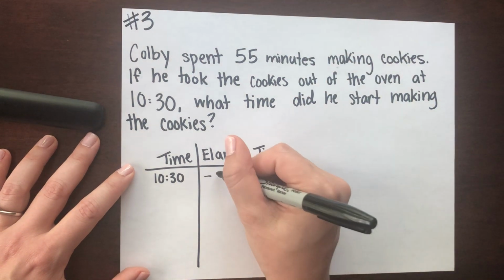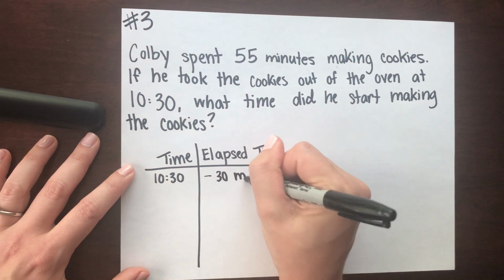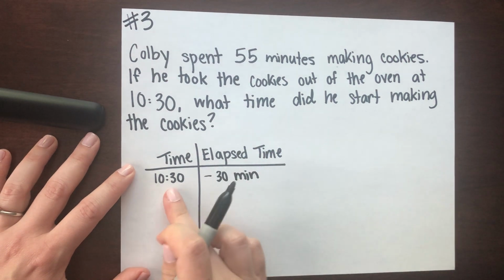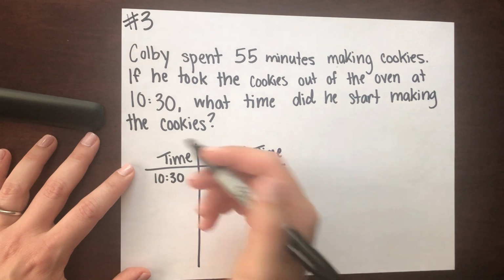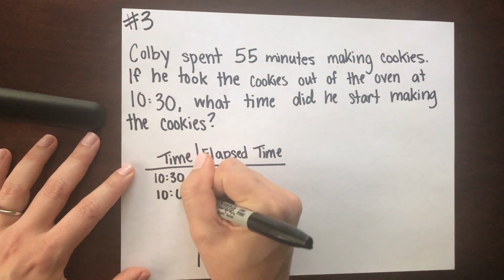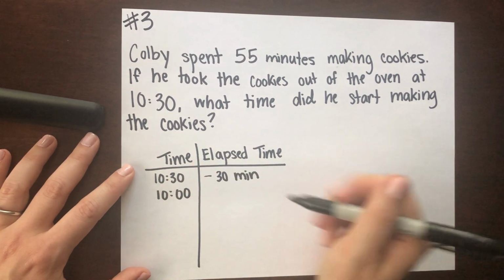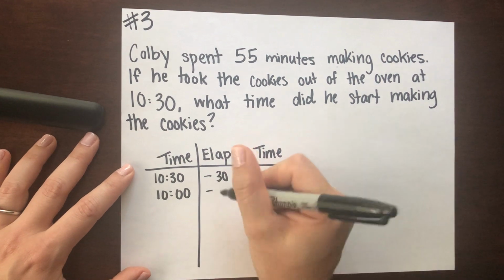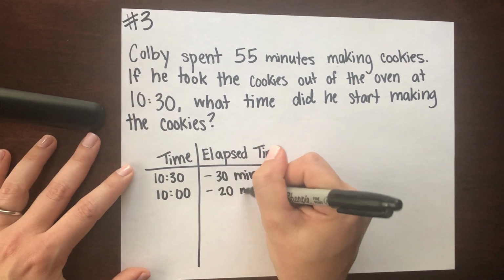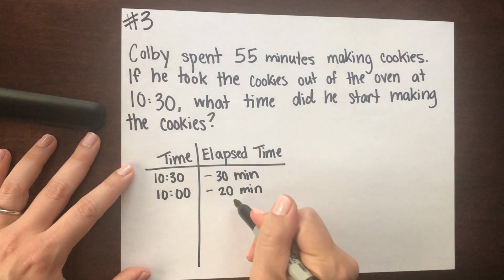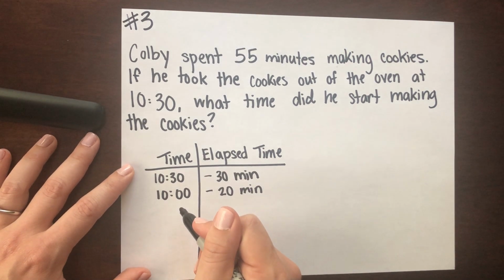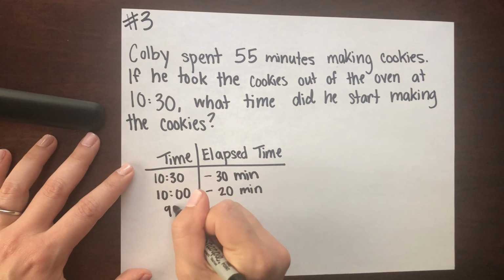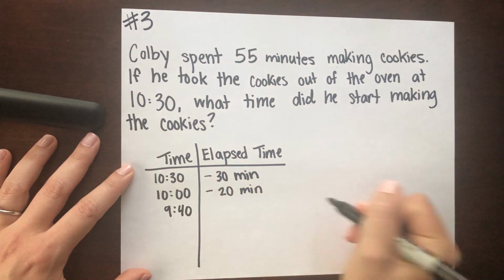The first thing I'm going to take away is 30 minutes. 10:30, 30 minutes before that would get me to 10 o'clock. Next, I'm going to take away 20 minutes. 20 minutes before 10 o'clock, it's a little tricky, is going to give you 9:40.